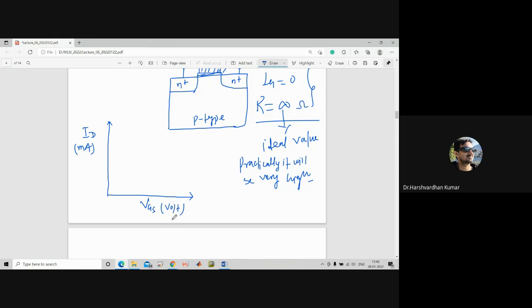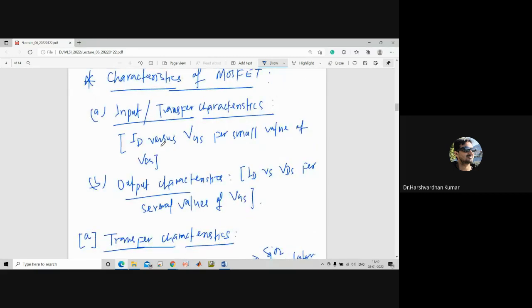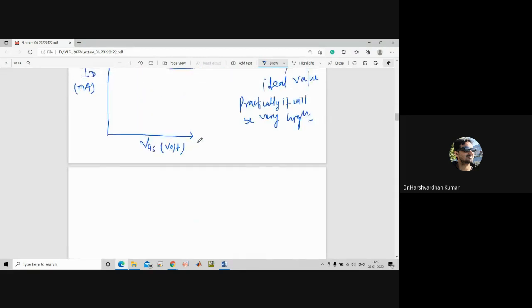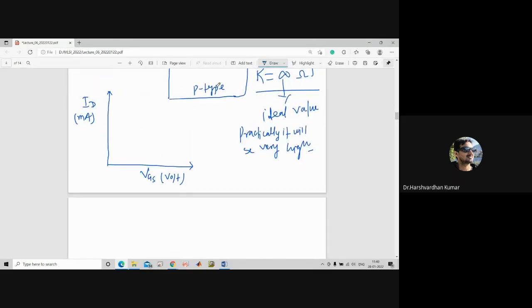As I told you, if you remember, the first point here is ID versus VGS for a small value of VDS. So we are applying 0.1 volt, 0.2 volt VDS. So how will it vary? On the y-axis it will be 0, 10, 20, 30, 40, 50.